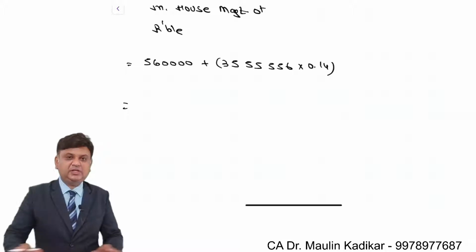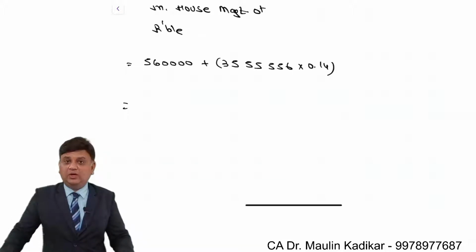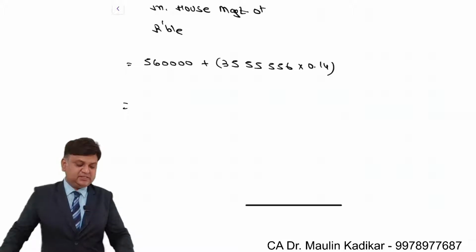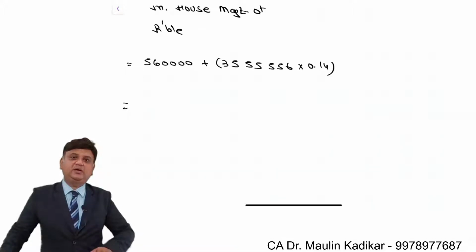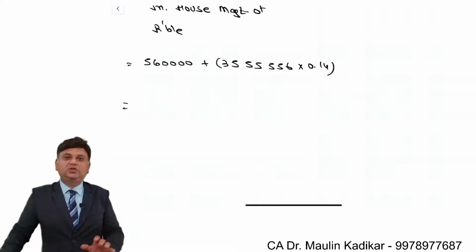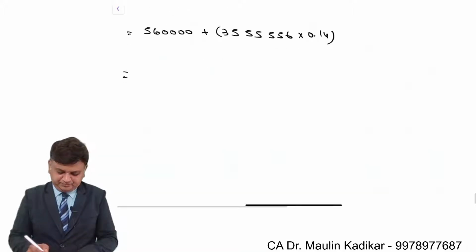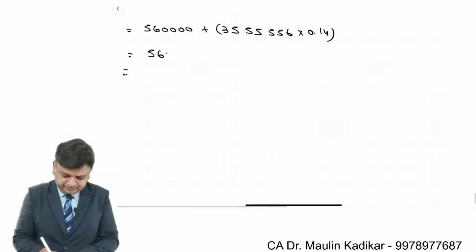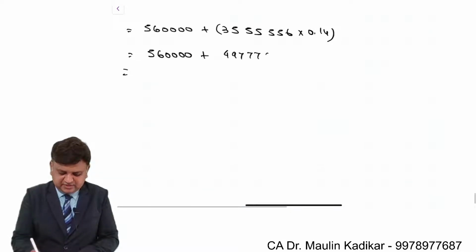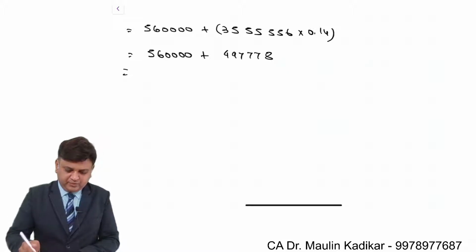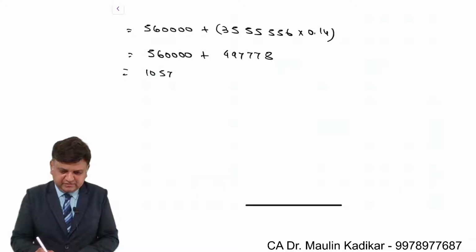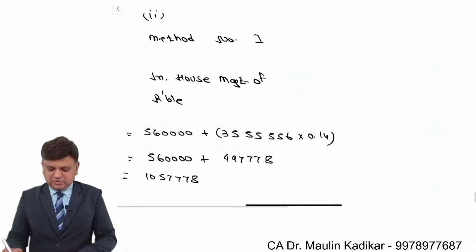Friends, in case of incremental approach, the cash discount is required to be ignored. Why? Because the cash discount expense is going to be incurred whether you appoint the factor or not. So there is no savings of the expenses. So we do not have to write it. 35,55,556 into 0.14. So 5,60,000 plus 4,97,778. Total is 10,57,778. This is what we understand.